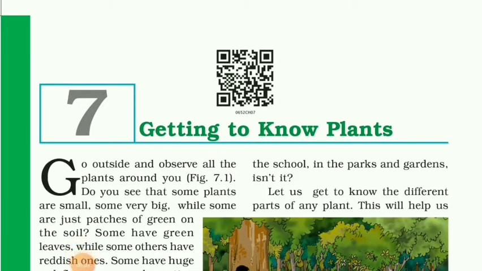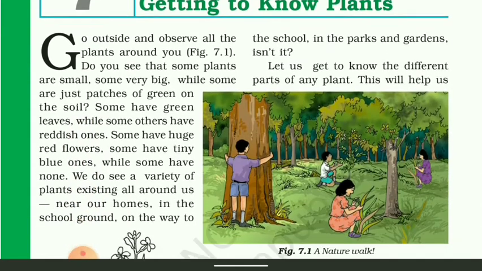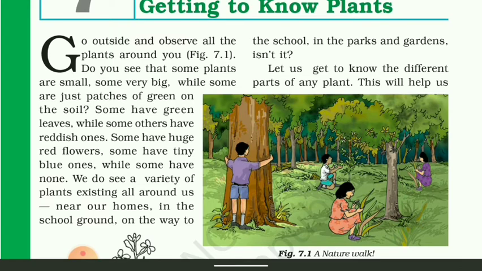Our today's topic is chapter 7, getting to know plants. So let's see. Go outside and observe all the plants around you. Do you feel that some plants are small, some very big, while some are just patches of green on the soil?